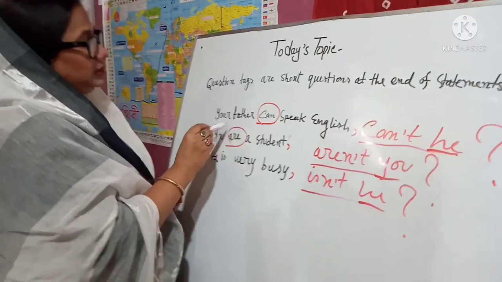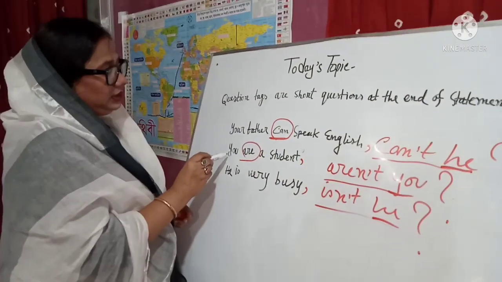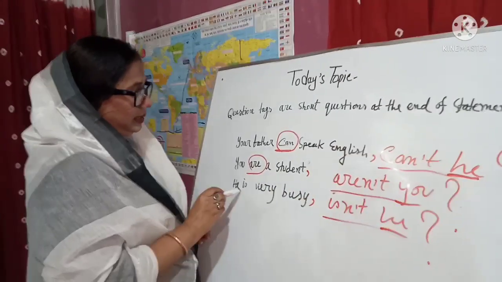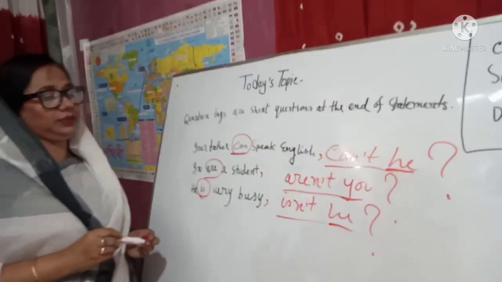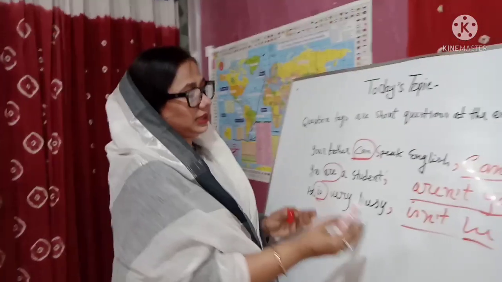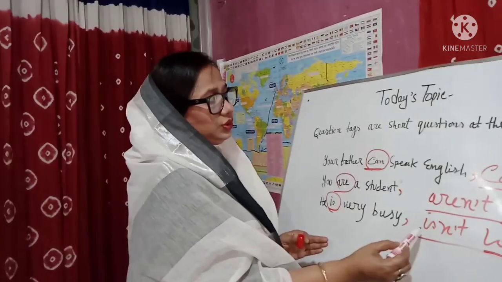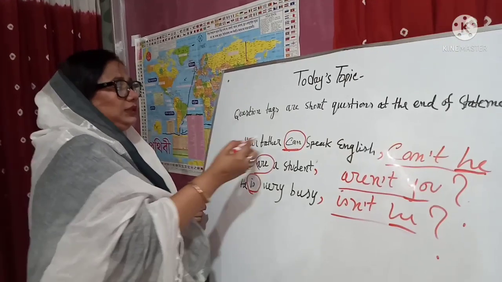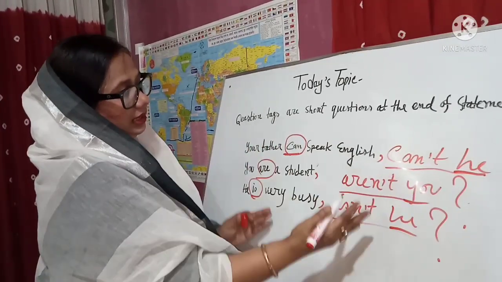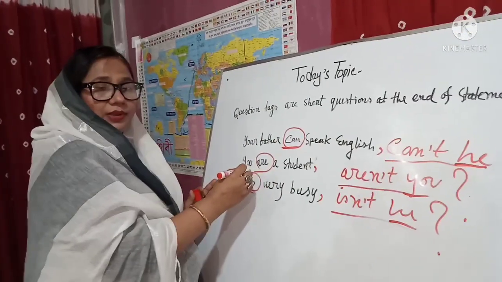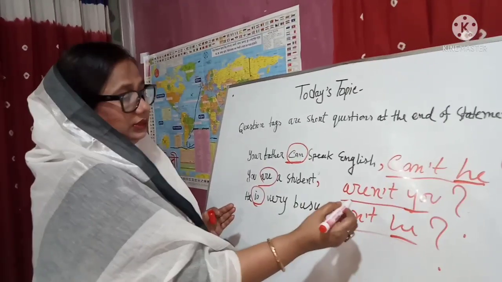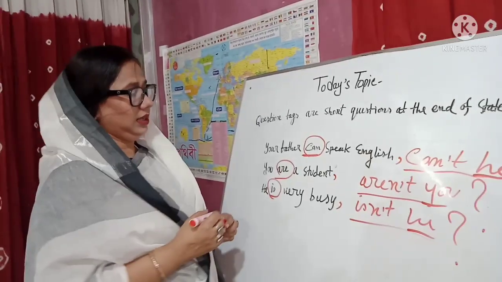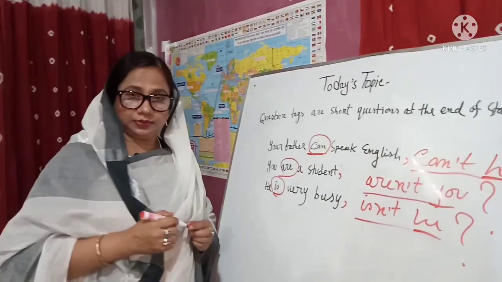Here is can; you are, aren't you; he is. This is an auxiliary verb. After the comma, we use an auxiliary verb, a be verb. All the time we use a be verb. If here is a be verb, there we add a be verb: are, am, is, was, were, etc. And a modal verb. Okay?